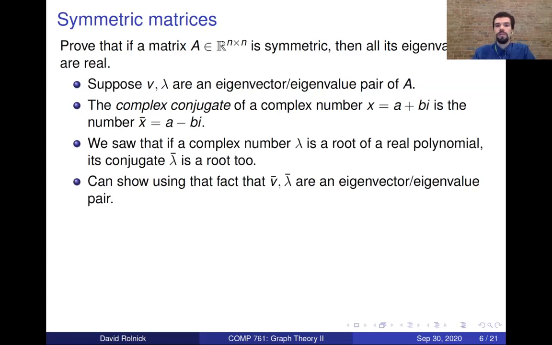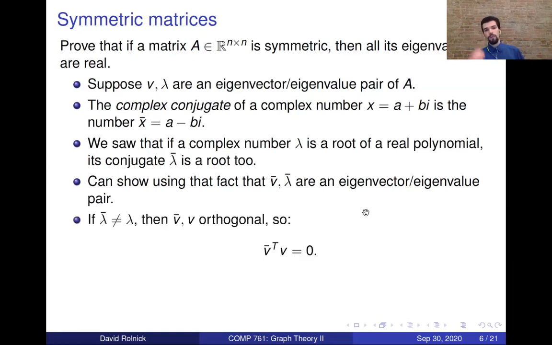So you start out with v, lambda. You're also going to have another eigenvector eigenvalue pair, v bar, lambda bar. Okay, let's see what we can do with that. Remember that from the previous result, we knew that any two eigenvectors with different eigenvalues are going to be orthogonal in a real symmetric matrix.